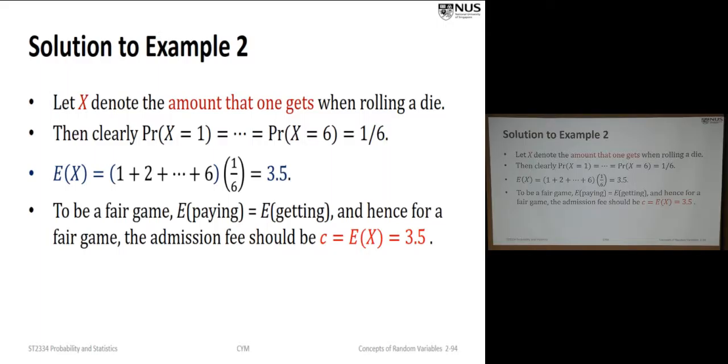So now I want to charge you so that it's fair. I won't only have to give you money; I also will get money sometimes. So how much should you pay to be reasonable? The answer is how much you get in the long run. So it's 3.5. I ask you, each game you pay $3.5. In the long run, sometimes you got 6, sometimes you got 1, but then in the long run, we even out.